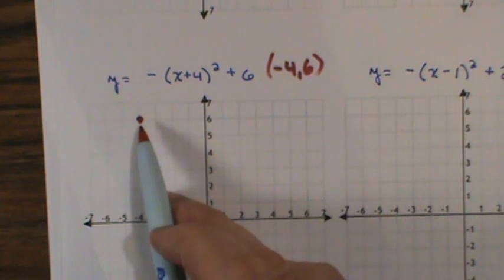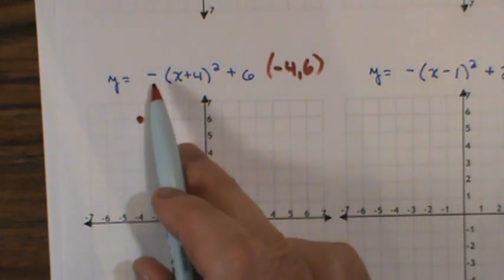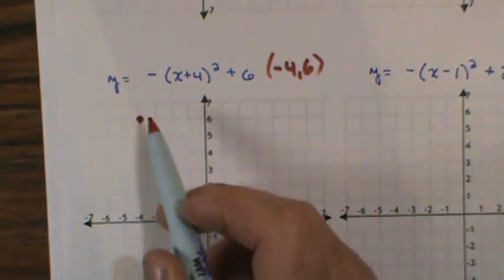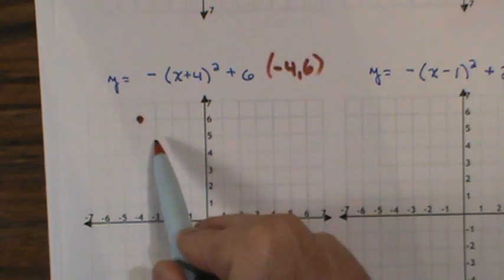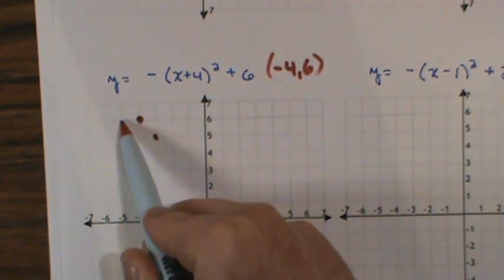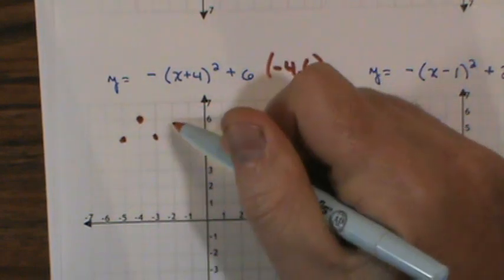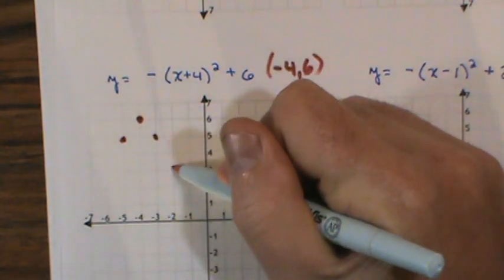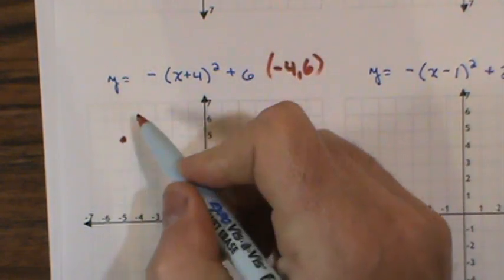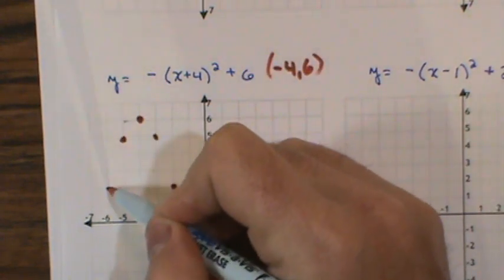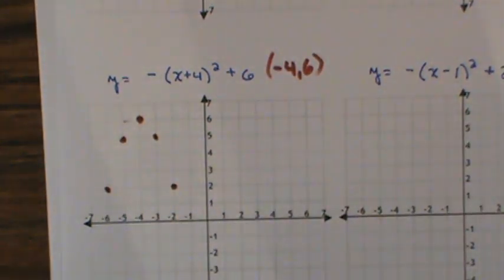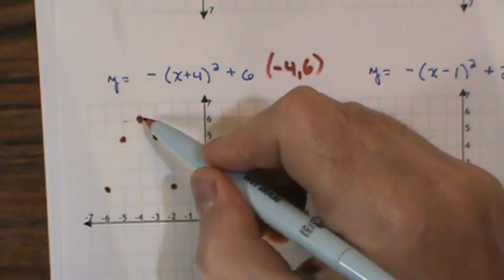So on this one, instead of going up, because of that negative, it just tells me I'm going to go downward. So I go right or left 1, down 1. If I go 2 to the right, I should go down 4: 1, 2, 3, 4, because I have those sister points. And once again, I think I'll be able to get a third series of these standard movements.